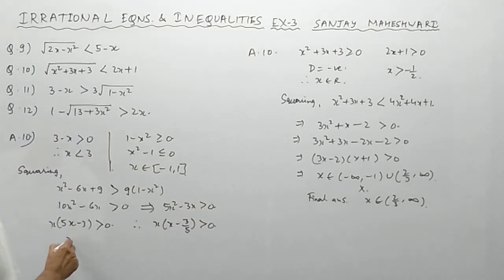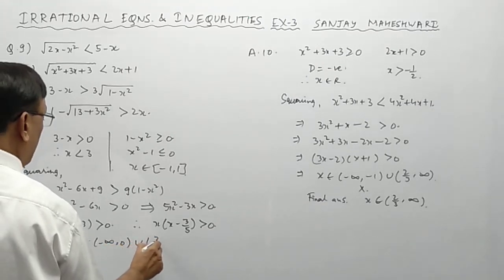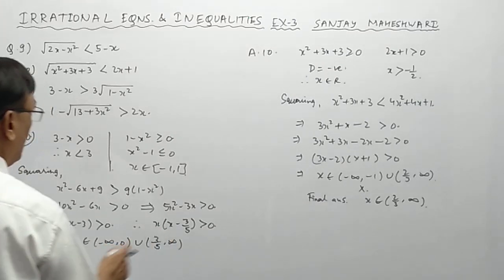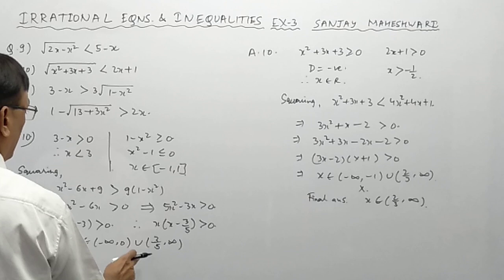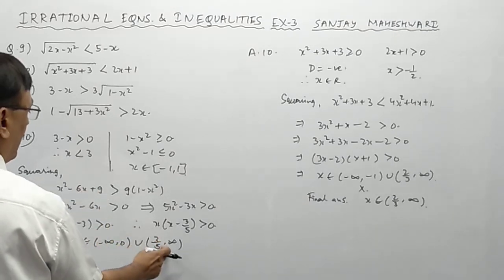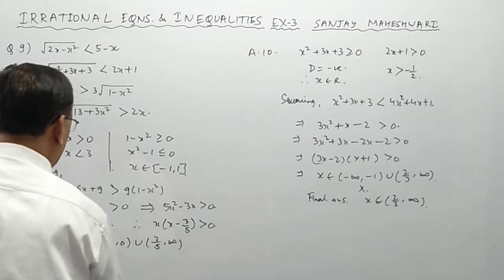So you can see that solution is x belongs to minus infinity to 0 union 3 by 5 to infinity. Now let us check one by one. x less than 3, so this part is okay up to 3. Here minus 1 to 1. So we can see the final solution.